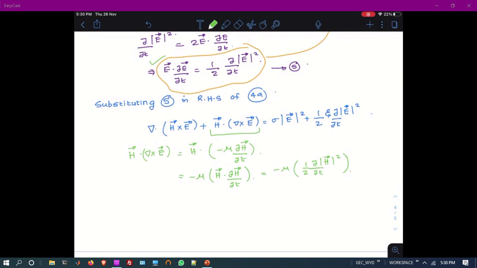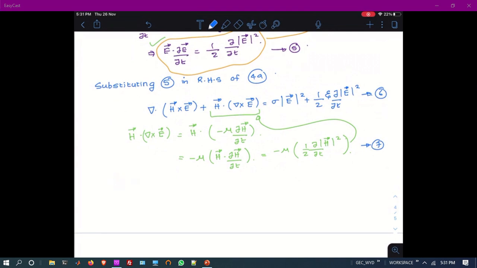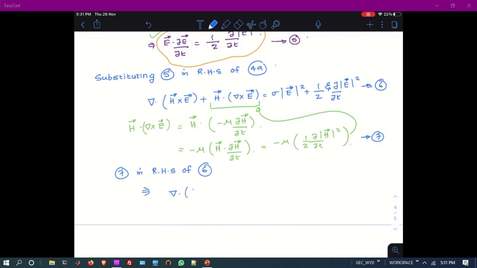Okay, and you can substitute this in here. Let's say this is equation number 6, this is equation number 7. So you substitute 7 in the RHS of 6, which implies del dot H cross E minus mu by 2 dou of mod H square by dou t is equal to sigma mod E square plus 1 by 2 epsilon dou E square by dou t.